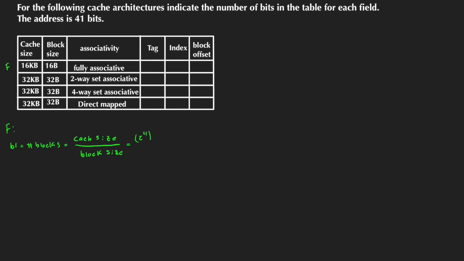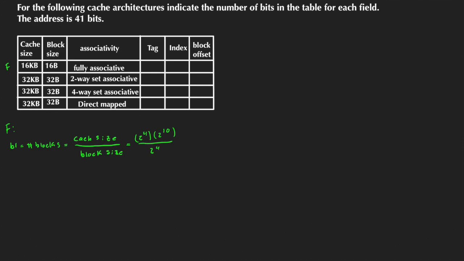So here we have a cache size of 2 to the 4, and 2 to the 10 over 2 to the 4.